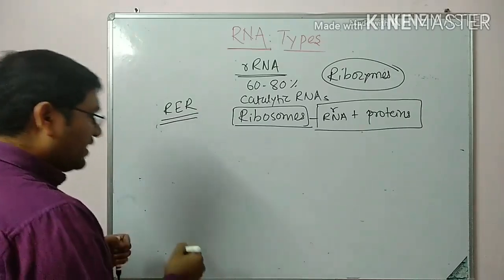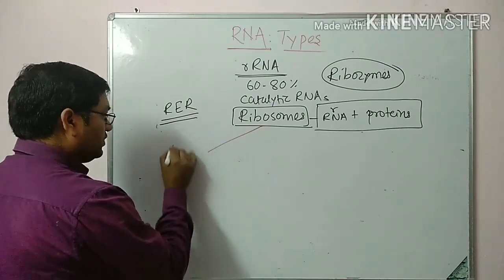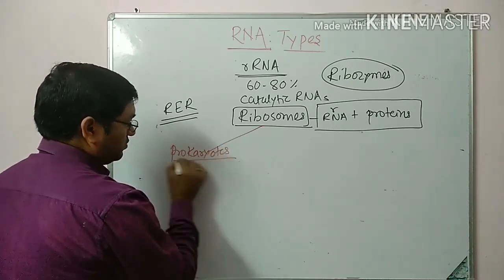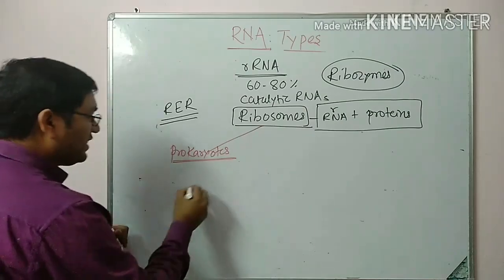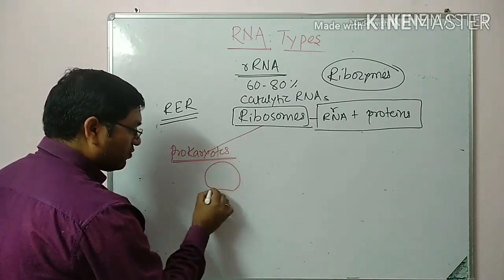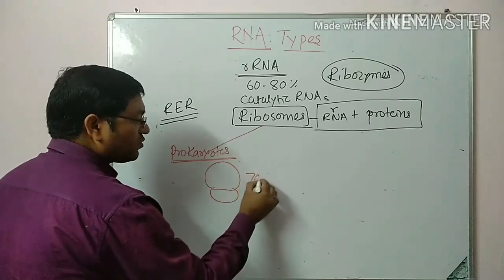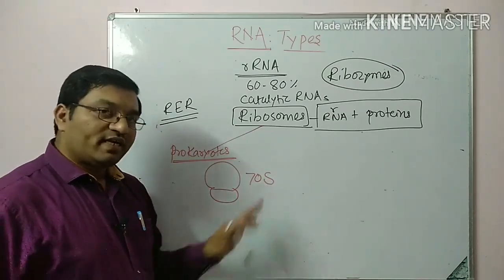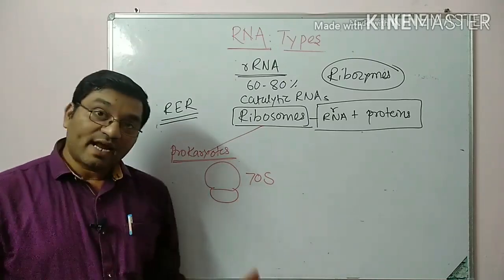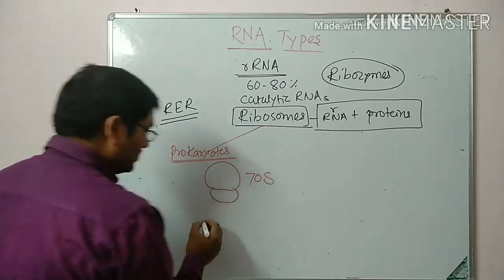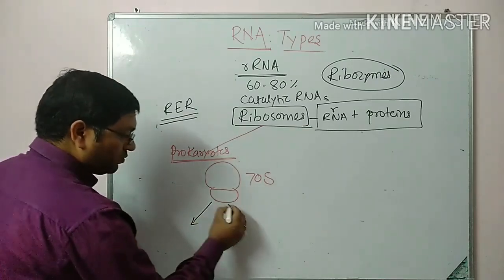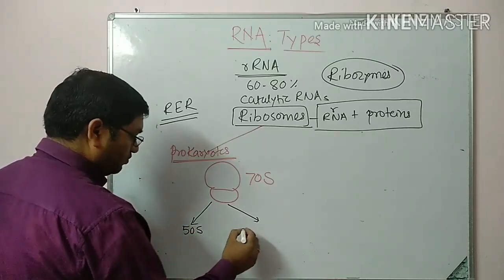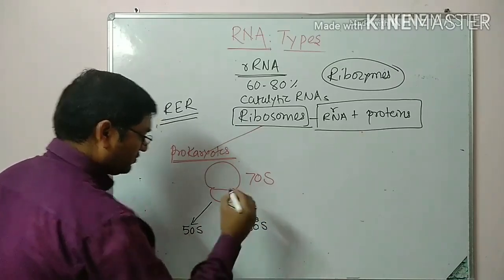Now in eukaryotes and in prokaryotes. In prokaryotes, the ribosome is of 70S unit, that is Svedberg unit, which is dependent on molecular weight and size. It dissociates into 50S ribosomal unit and 30S ribosomal unit.